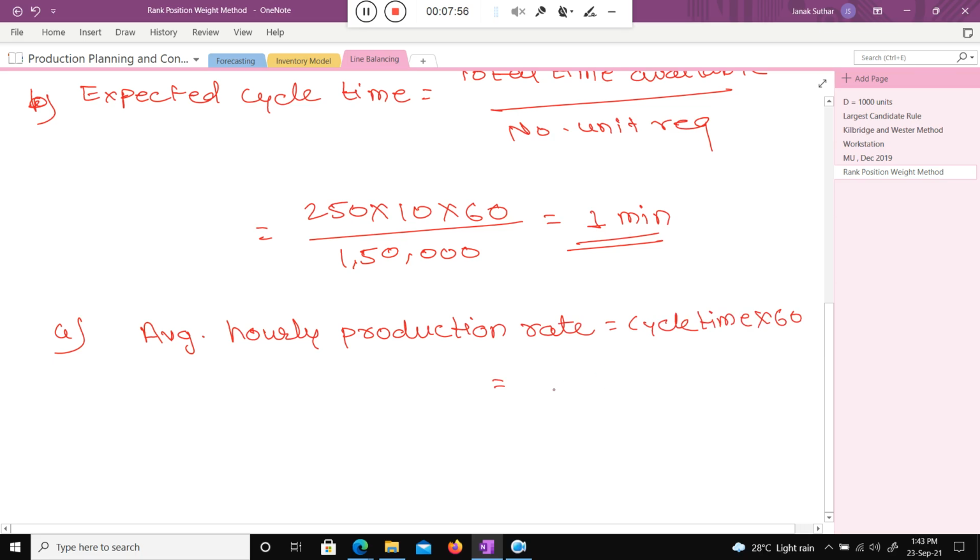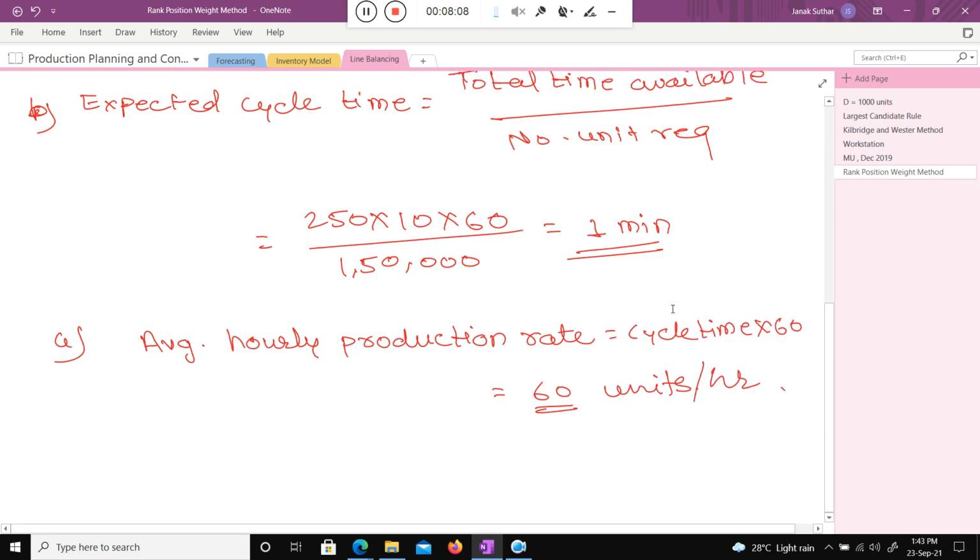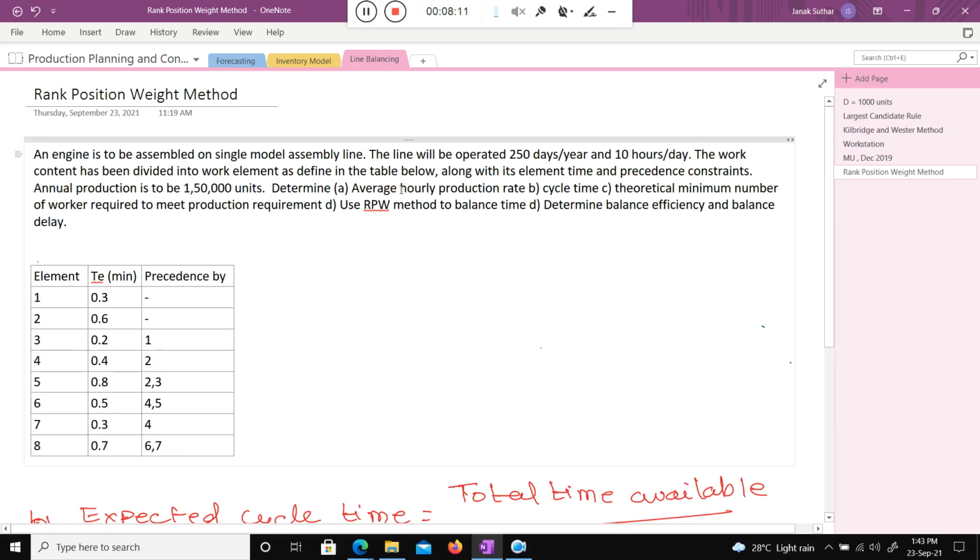So 1 into 60 is 60 units per hour. Okay, so now both questions are solved.